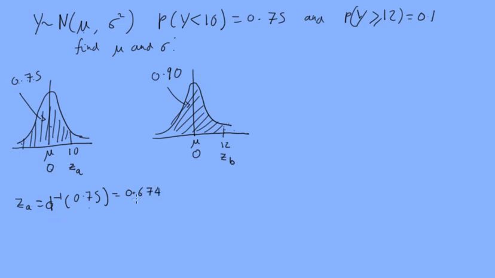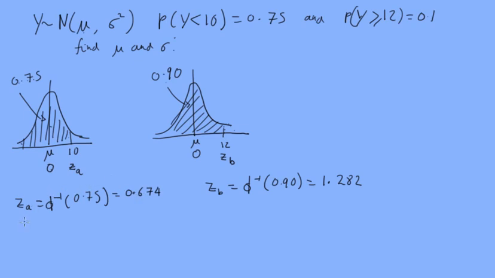0.674. Now for ZB, we want the inverse phi function for 0.90. And we find that that's 1.282.